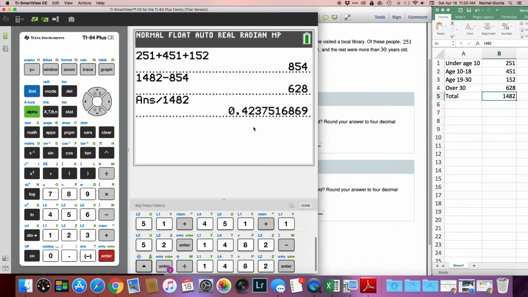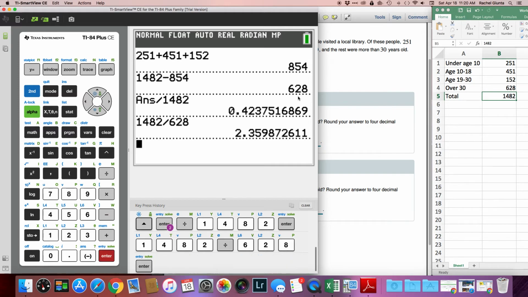All of your probability numbers should look like that. If you're getting a number that starts with anything but 0, don't enter it. Most likely what you did is divide it in reverse. For example, if you did the total 1482 divided by 628, and it gives you 2 point something instead of 0 point something, that should set off a red flag.